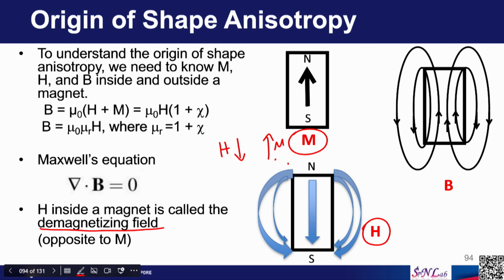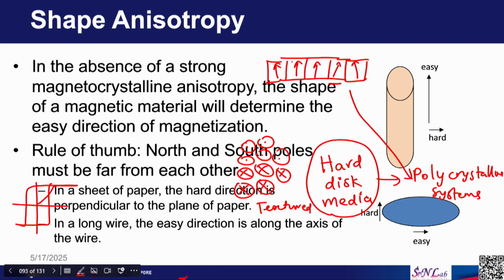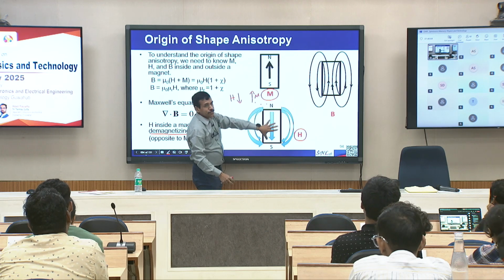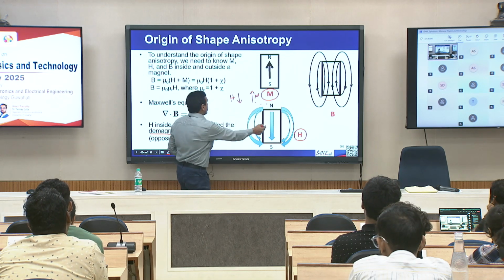This is the reason we have the rule of thumb that I stated before: north and south poles must be far away from each other. If north and south poles are far away from each other, this field will be small. This is called a demagnetizing field.